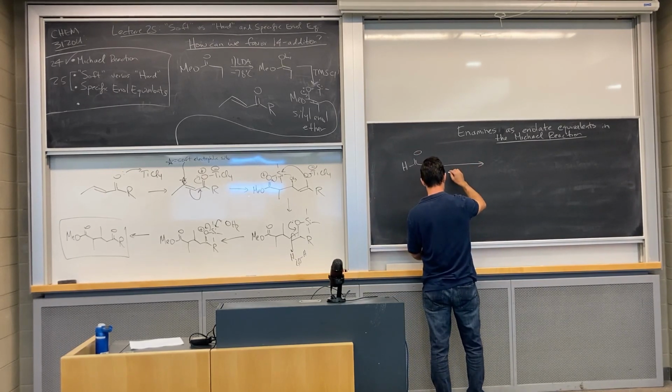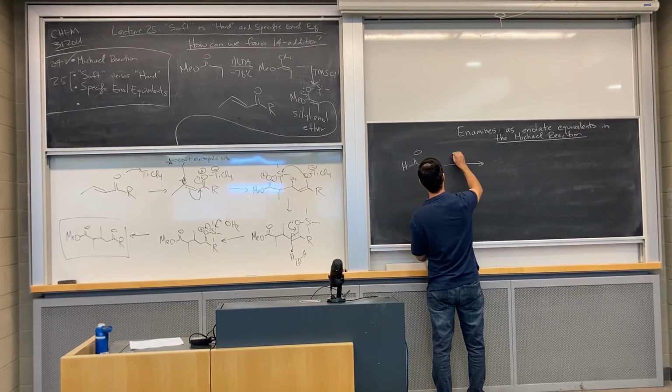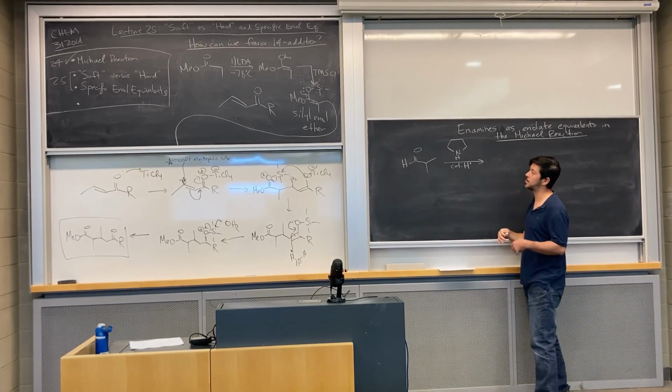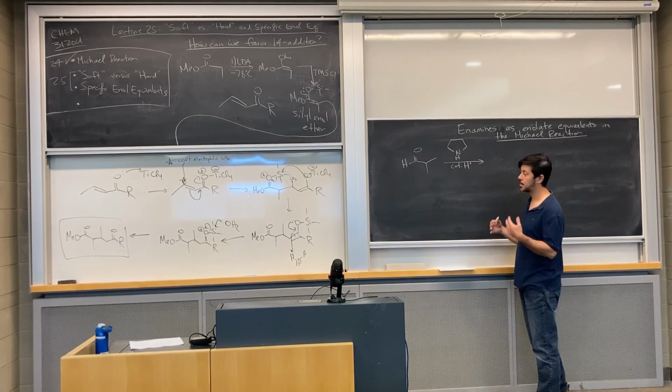So if we treat this compound, for example, with this cyclic secondary amine, you know right away that this is the recipe to create an enamine.